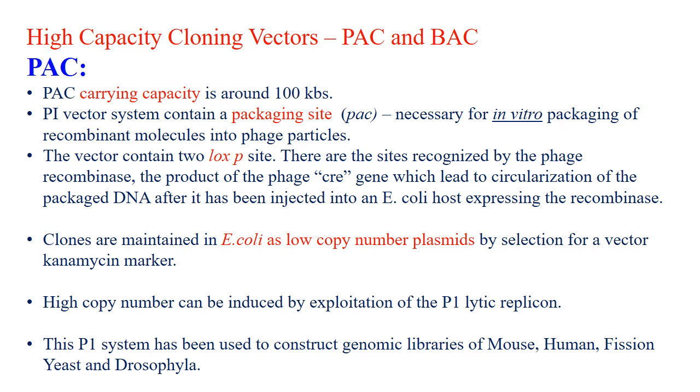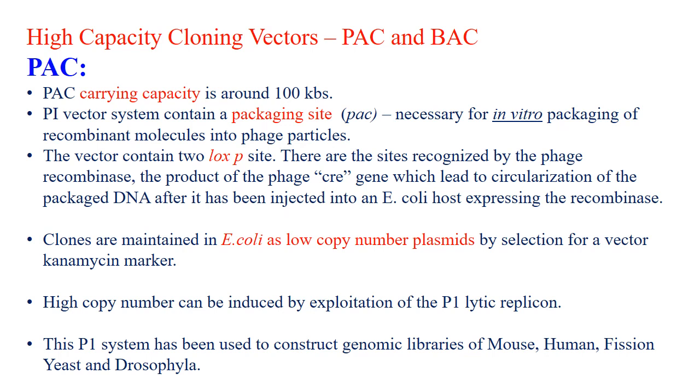High capacity cloning vectors, some of the examples are PAC, BAC and YAC. PAC carrying capacity is around 100 kbp. It is based on P1 bacteriophage. It contains a unique packaging site called the pac site, which helps in packaging in vitro.